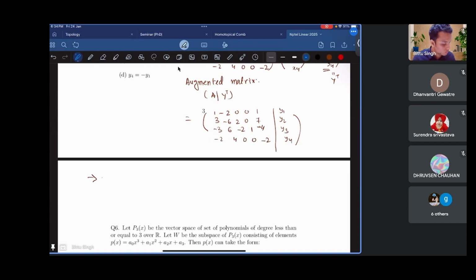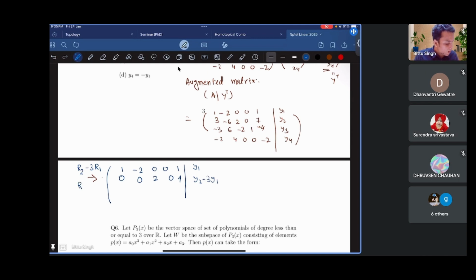So let us do those operations. First, R2 minus 3 times row 1. 1, -2, 0, 0, 1, this is Y1. Then R2 minus 3 times R1: this becomes 0, -6 plus 6 is 0, 2, 0, 7 minus 3 is 4, and Y2 minus 3 times Y1.